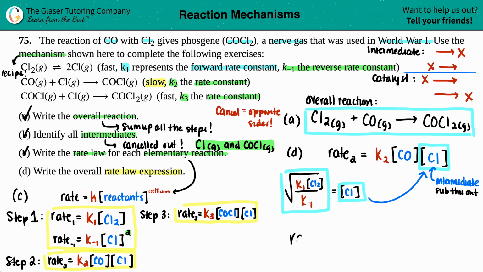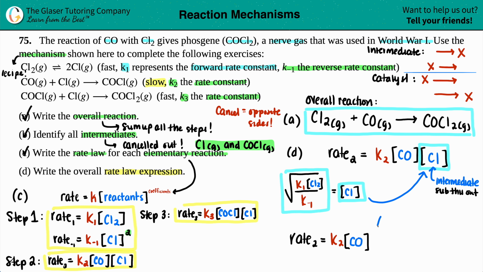So rate 2 equals K2 times the concentration of CO. We don't do anything with that because that wasn't the one that we were trying to sub out. But now this is basically coming out. Pretend that that's leaving, and this is now going in its spot.